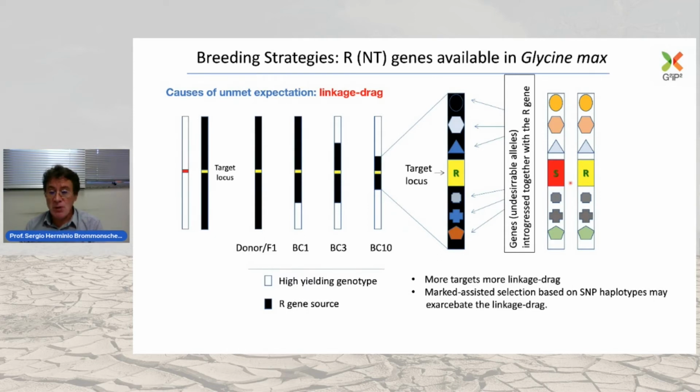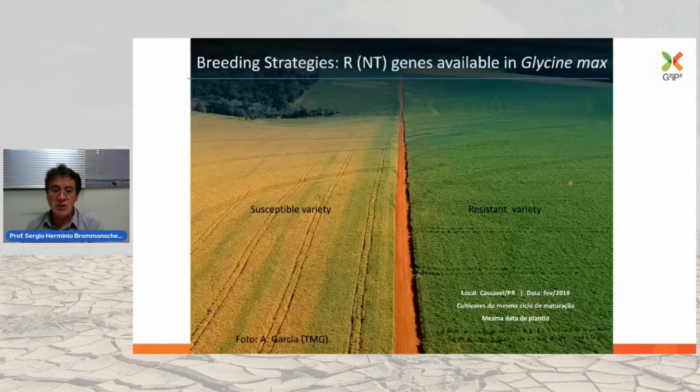That's very important, because another strategy to breed for disease resistance, to have a more stable resistance, is to combine different resistance genes in the same variety. You can see that if you combine different genes, the problem of linkage drag will be worse. Okay, so this approach has been successful.